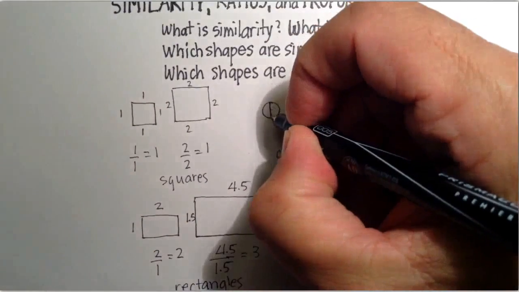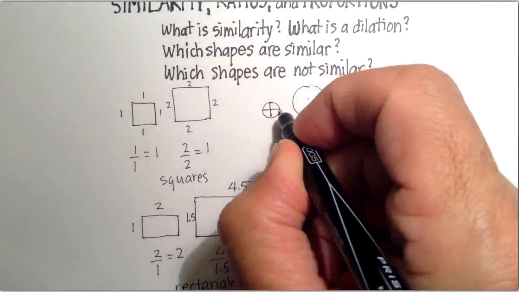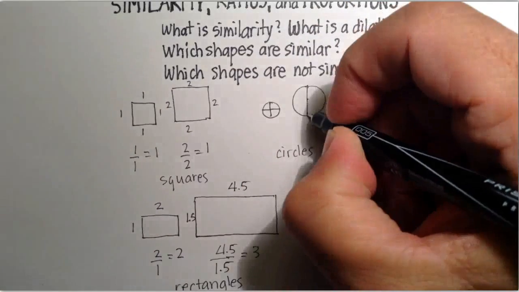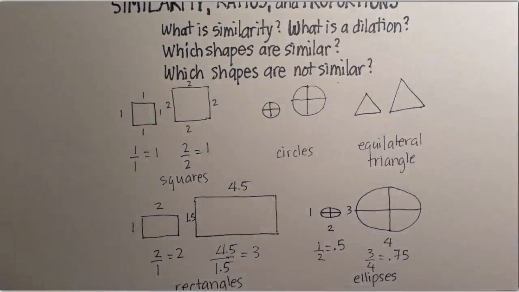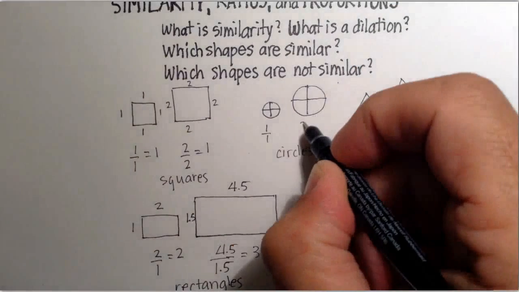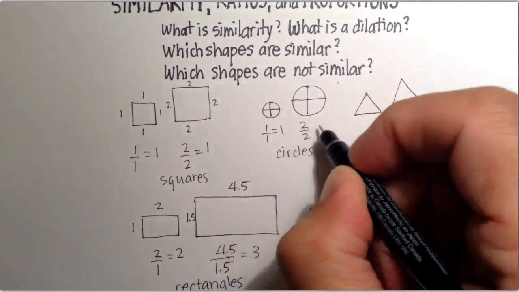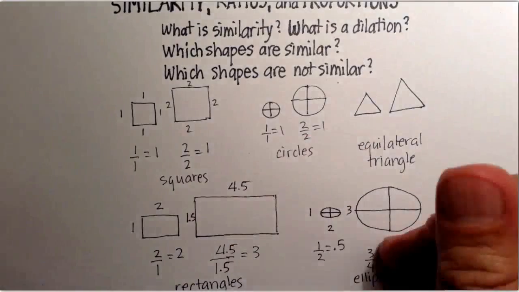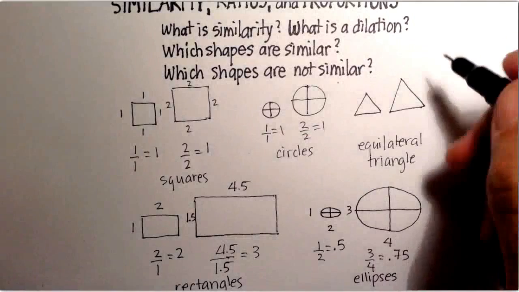The way to check that is to take the two diameters, and you'll notice that the lengths of these two diameters would still be the exact same thing. This might be 1 to 1, this might be 2 to 2. They still come out to be 1. Same thing with equilateral triangles.